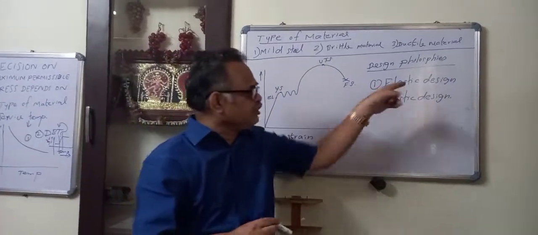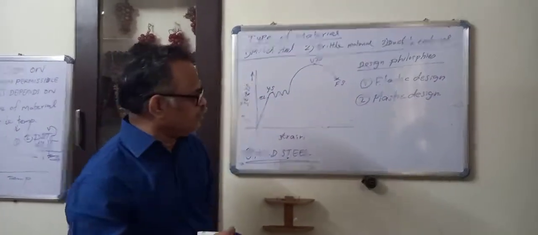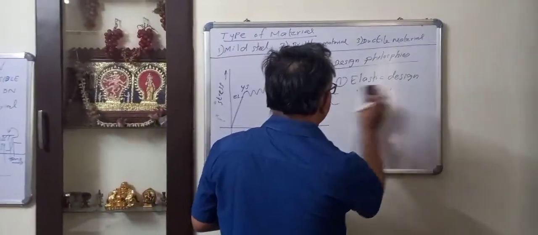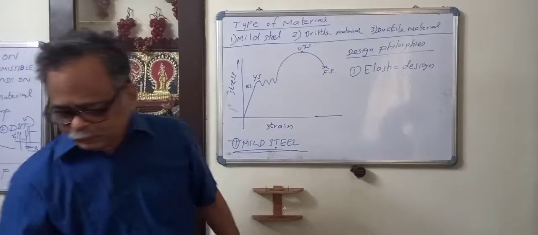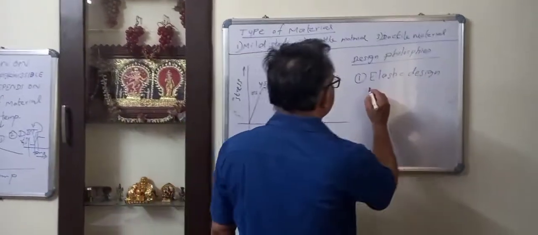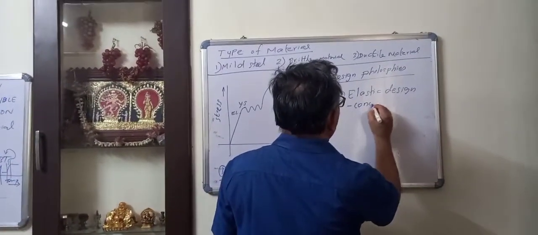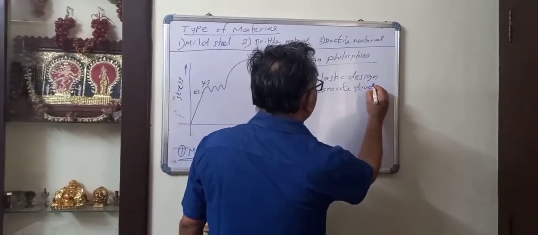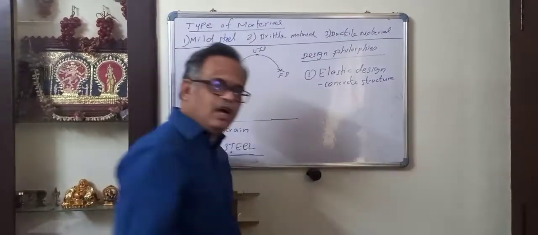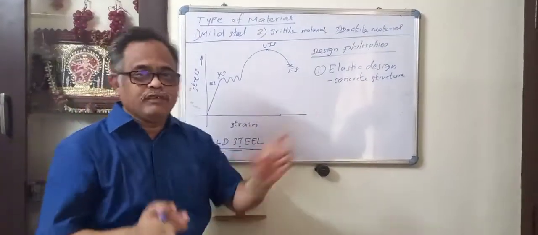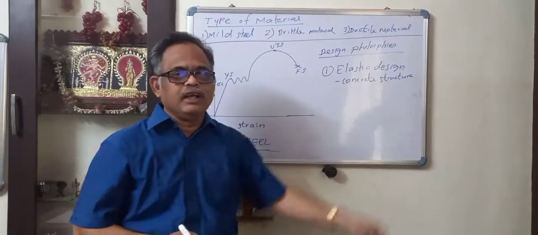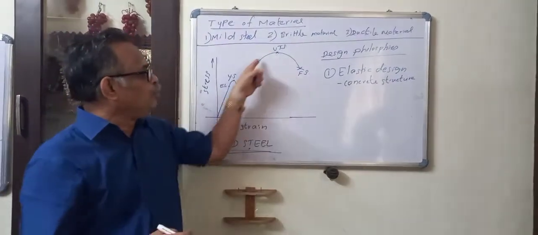So where do you use elastic design? I'll tell you the applications. Take the case of concrete structures. In concrete structures, you cannot allow plastic deformation to occur, because concrete will crack.